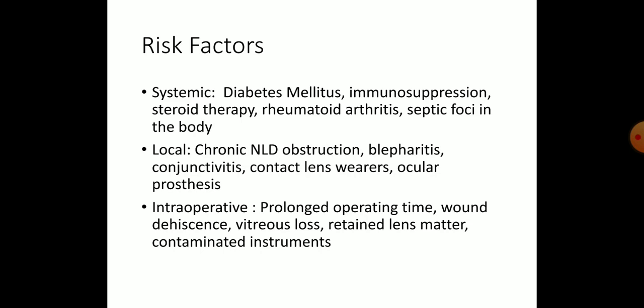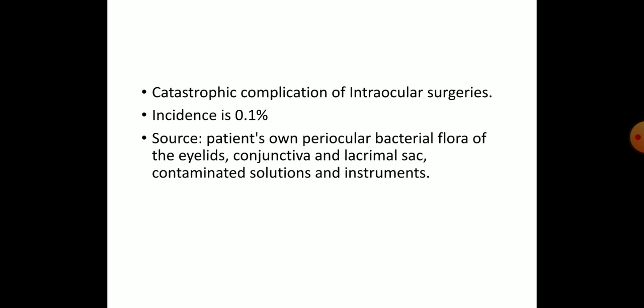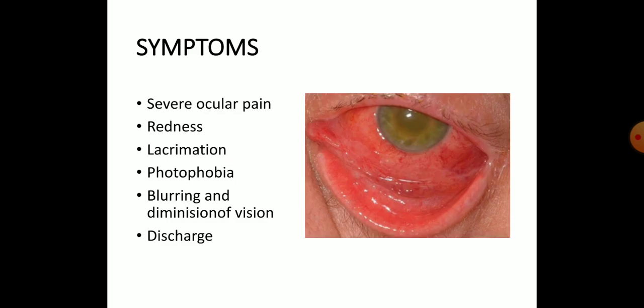Then local causes mean infection in nearby structures: blepharitis, using contact lens, conjunctivitis, dacryocystitis. Intraoperative means there was a prolonged time of operation, or contaminated instruments were used, or vitreous loss was there. So such people. Even a patient's own bacterial flora can cause this.